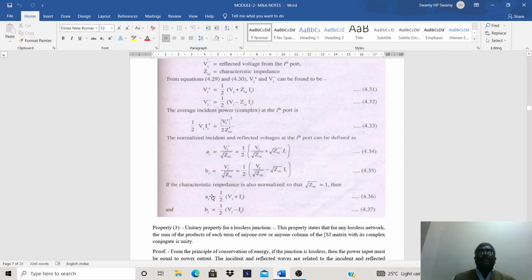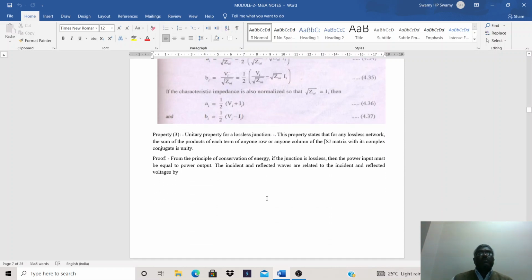If the characteristic impedance is also normalized so that sqrt(Z0i) is equal to 1, then ai = 1/2 (Vi + Ii) and bi = 1/2 (Vi - Ii). So this is the symmetrical property proof.